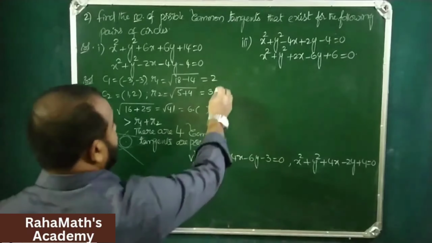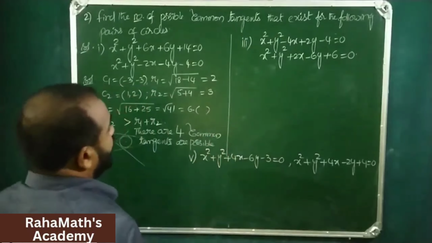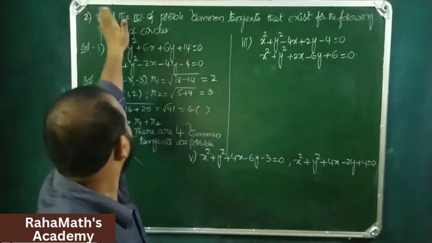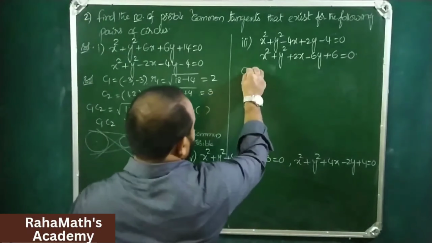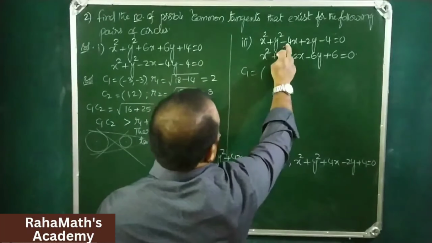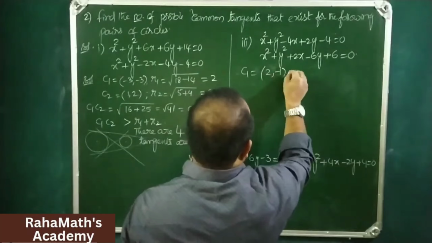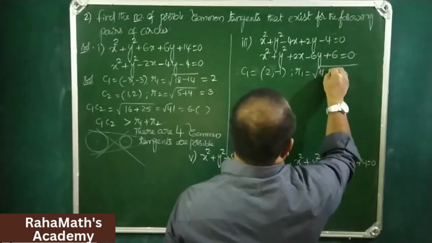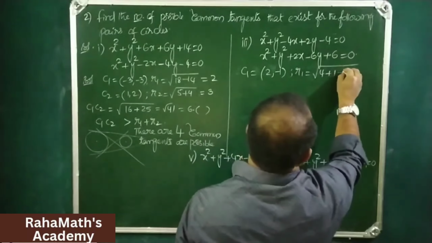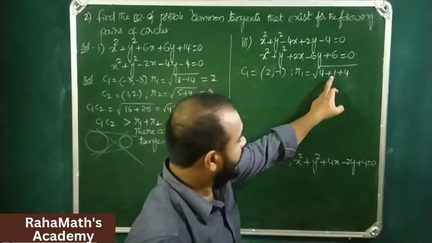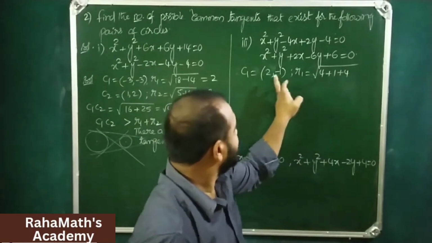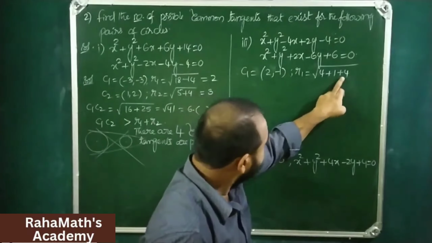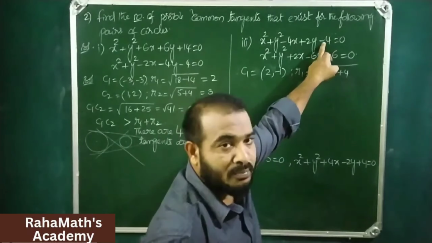So let us solve the next, third case of the same question. C1 is equal to (2, -1). Radius R1 equals the square root of g square 4, f square 1, minus c, that is, 1 - c, which is -4, minus of minus.